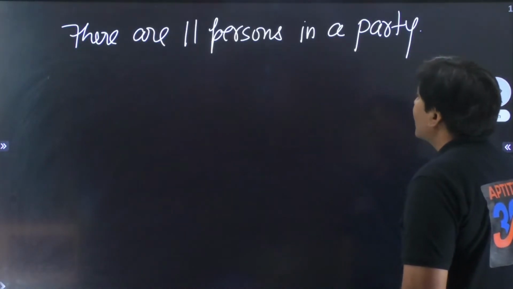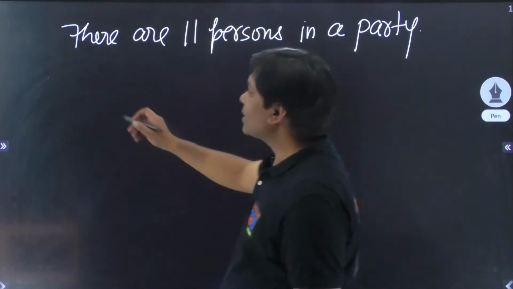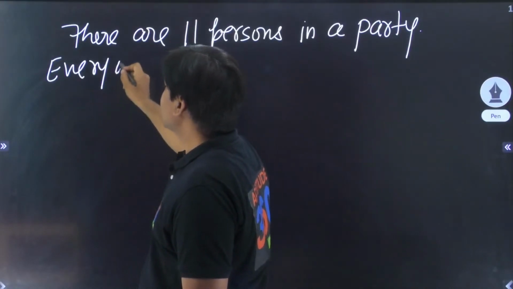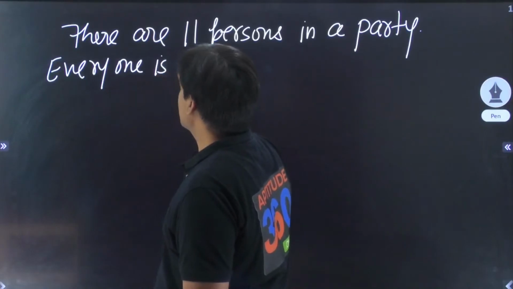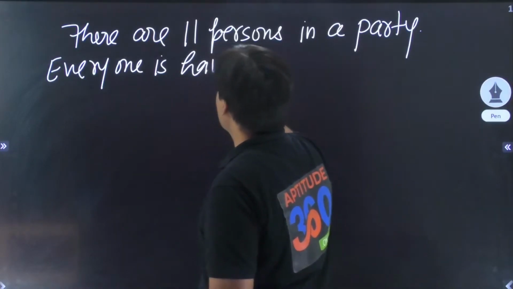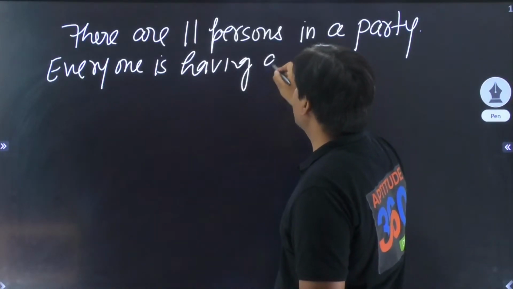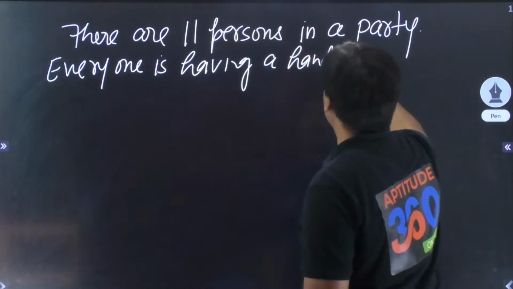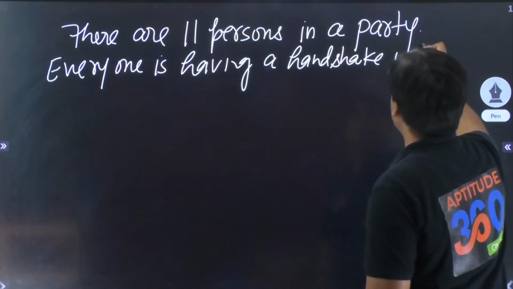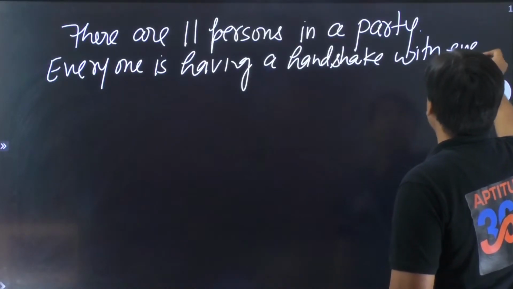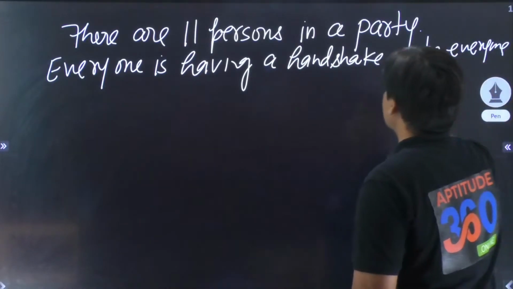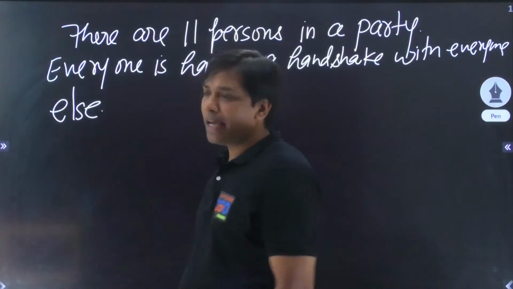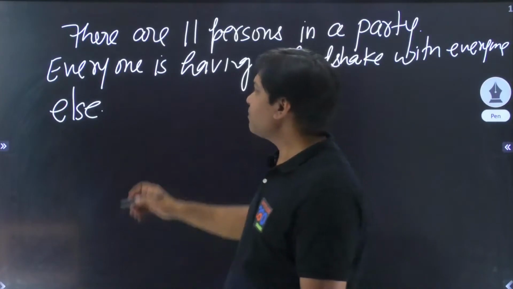So there are 11 persons in a party, and the condition is that everyone is having a handshake with everyone else. हर कोई एक दूसरे से हाथ मिला रहा है इस पार्टी में. समझा?